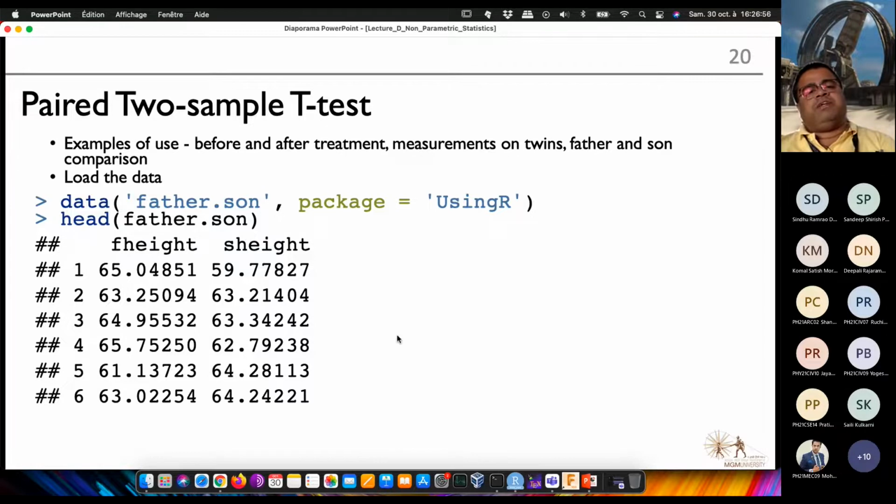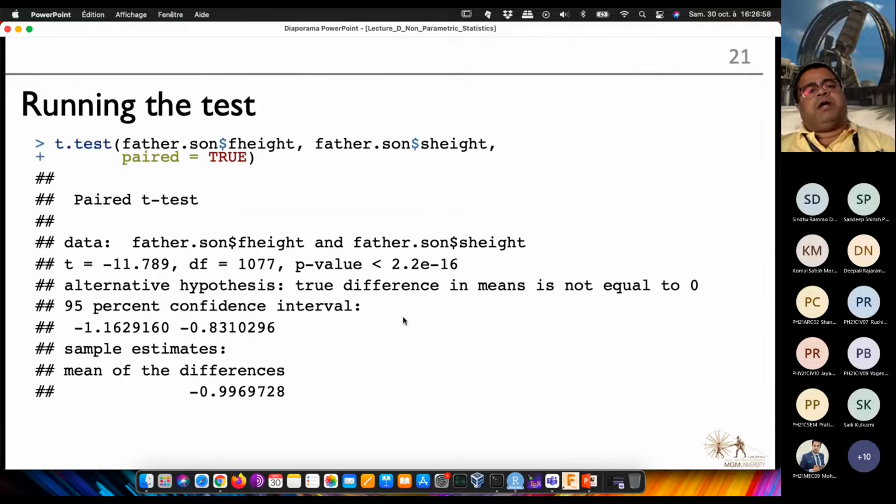So father's height is given as 65.04 and son's height is 59.77. These values are given, and what I am going to do is run the t-test, and the t-test is very simple. t.test of father and son height, with paired equal to true. Now look at the p-value.